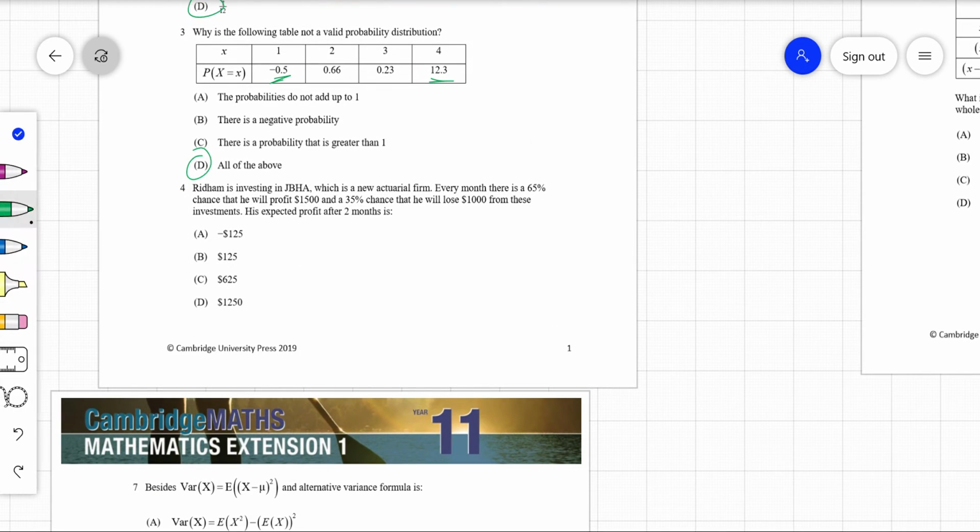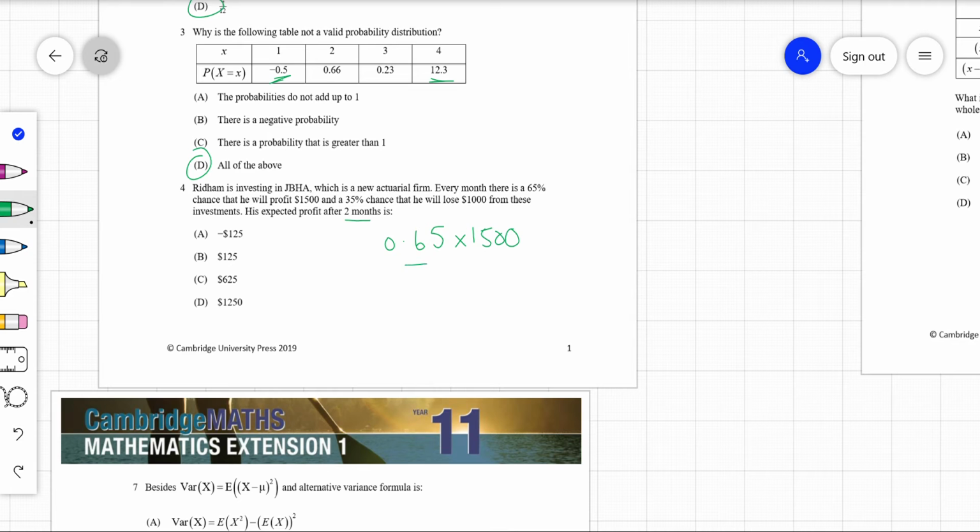All right, number 4. We're looking at the expected profit, and it is a bit tricky because it said 2 months. Every month there's a 65% chance that he will profit $1,500 and a 35% chance that he loses $1,000. So he's expected to profit 65% of the time, and his profit would be $1,500.